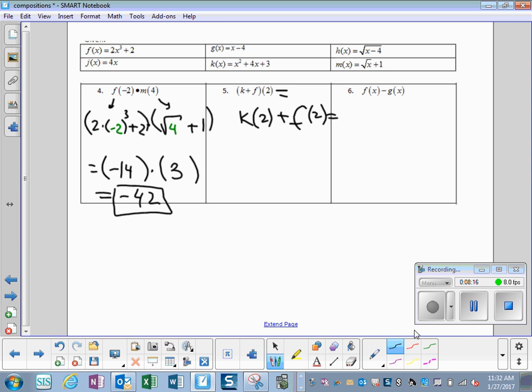Not yet? Okay. So k of 2 plus f of 2. What I'm going to do is parentheses for k plus parentheses for f.